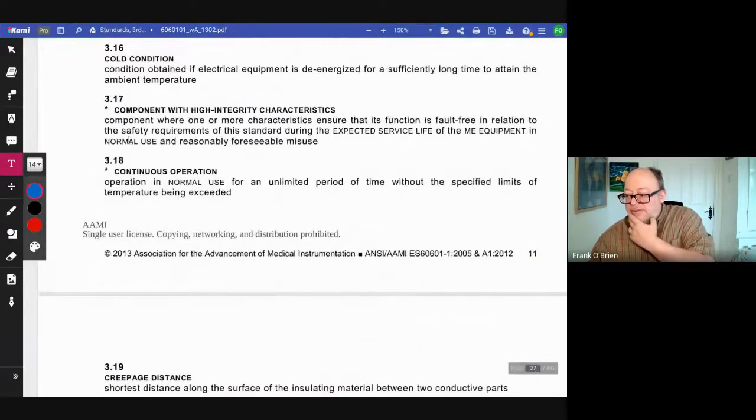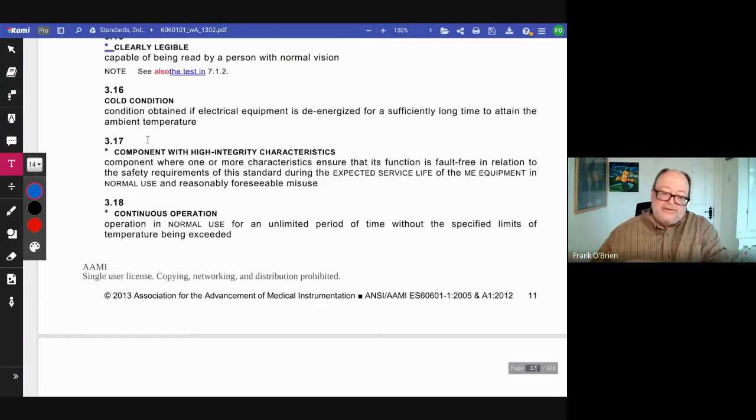So a component where one or more characteristics ensures that its function is fault-free in relation to the safety requirements during the expected service life. So this is pretty consistent with the idea that it's the single component that has the negligible chance of failure. And there's even rationale for the definition, so we could have even more fun. But that's the real world. You start with the requirement. Is the rationale going to help? Are definitions going to help?